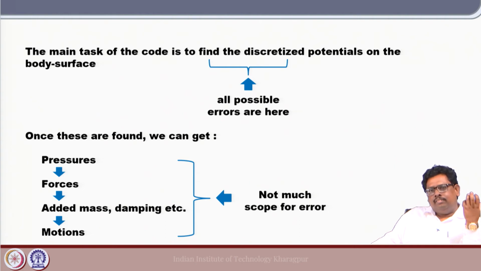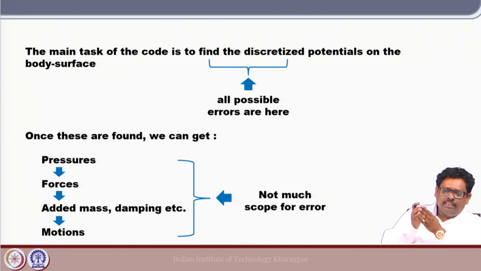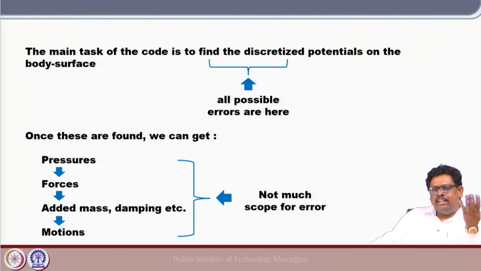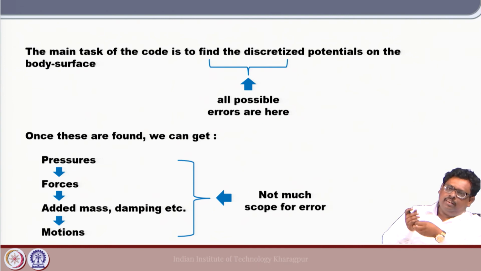Now, once you have the force, then you have the analytic solution, right. For added mass, A_ij is equal to the real part of these values, and the damping is the imaginary part of the values of the forces, right.